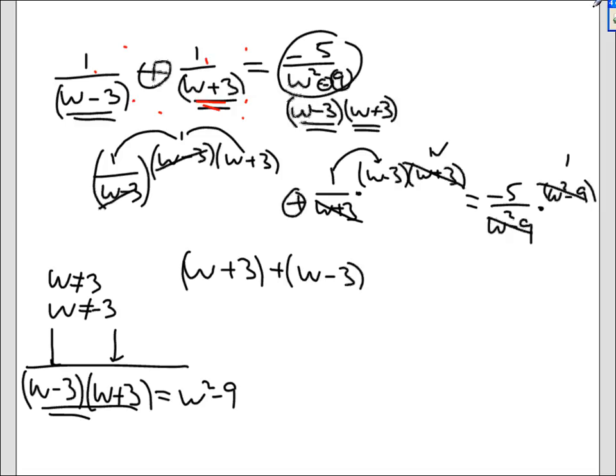Equals, as long as that w is not 3 or negative 3, this division is 1. Negative 5 times 1 is negative 5. And the 2 restrictions I just said for the last division, I already listed. I will not allow those to be the answers.